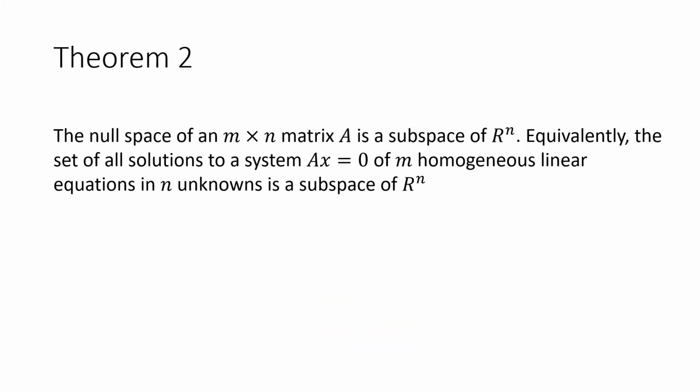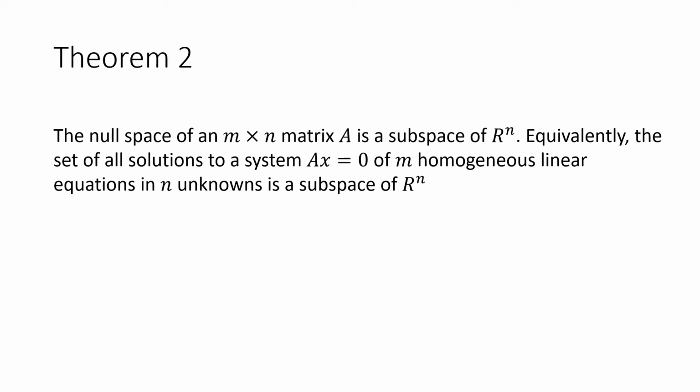This leads us to Theorem 2. Now, in the previous section, we talked about subspaces. Theorem 2 says that the null space is a subspace. So remember, a subspace satisfied 3 conditions. Those 3 conditions are all satisfied by the null space.